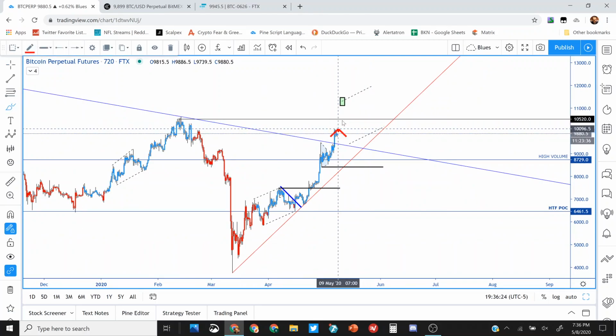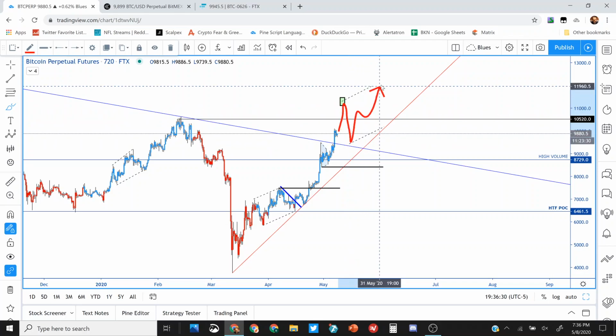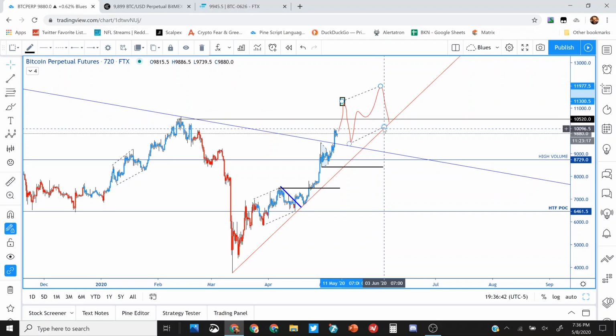So if we push up and then come back down, this is one reason to just use the fractals.